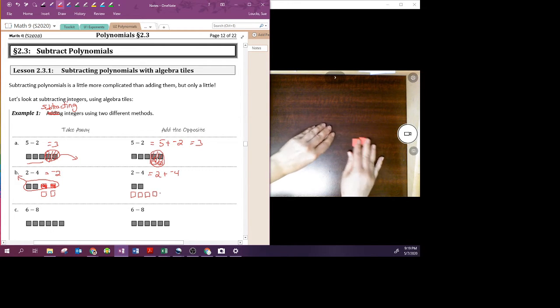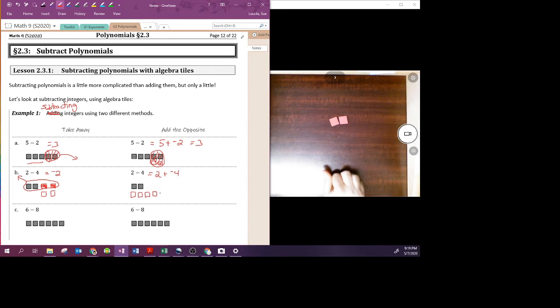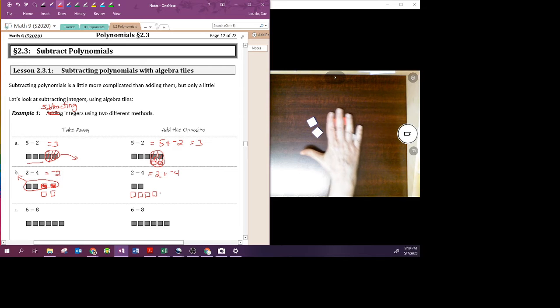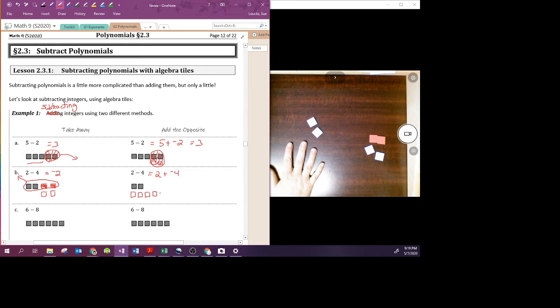So I've got 2, start off with my 2, and I'm going to add negative 4. And now I've got some 0 pairs that can go poof and disappear right there, and I'm left with negative 2. Okay, so 2 plus negative 4 equals negative 2. And I can see that drawing here. If I take these away, I'm left with negative 2.